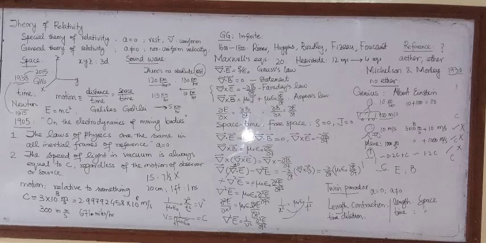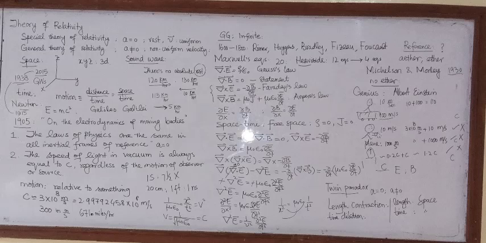So it will be 1 over mu naught epsilon naught is equal to x squared over t squared. Then what is x squared over t squared? It is (x over t) whole square. x over t is speed, and this is speed squared.